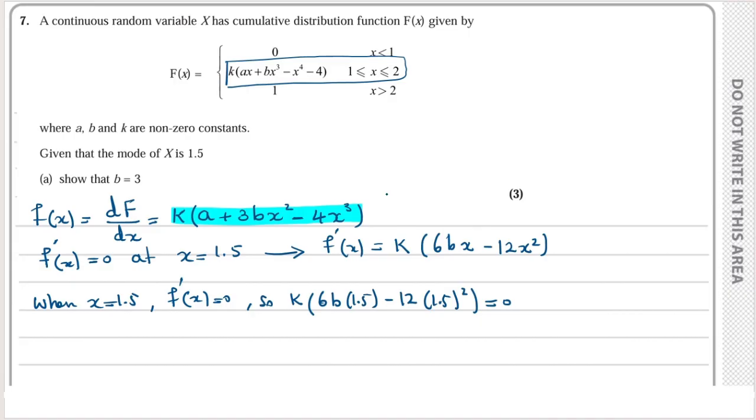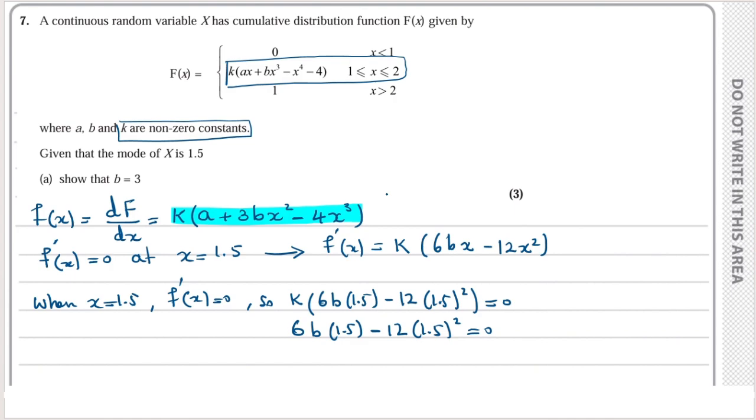So here, obviously k is non-zero, as the question says. K is a non-zero constant. Therefore, we have that 6b times 1.5 minus 12 times 1.5 squared is equal to 0.